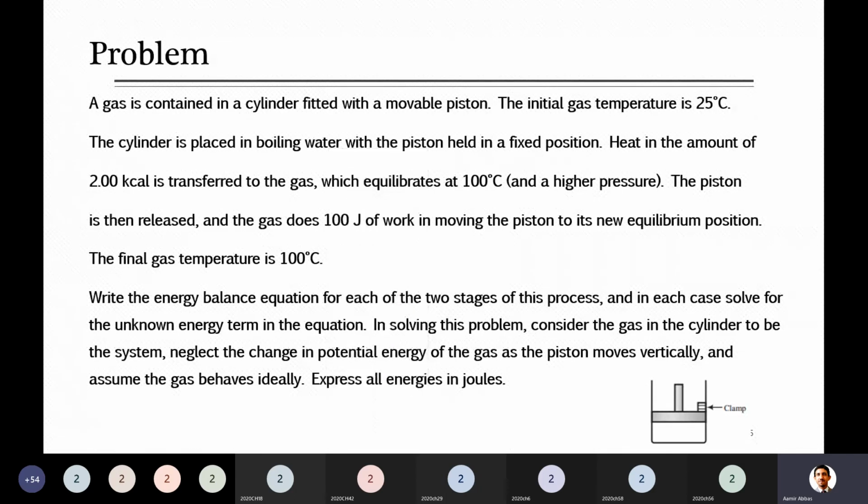And then in the second stage, you release the piston; you remove some weight which was placed on the piston. When you remove that, the piston will be pushed due to the energy of the gas. The first part was pretty straightforward, and I think you were clear.